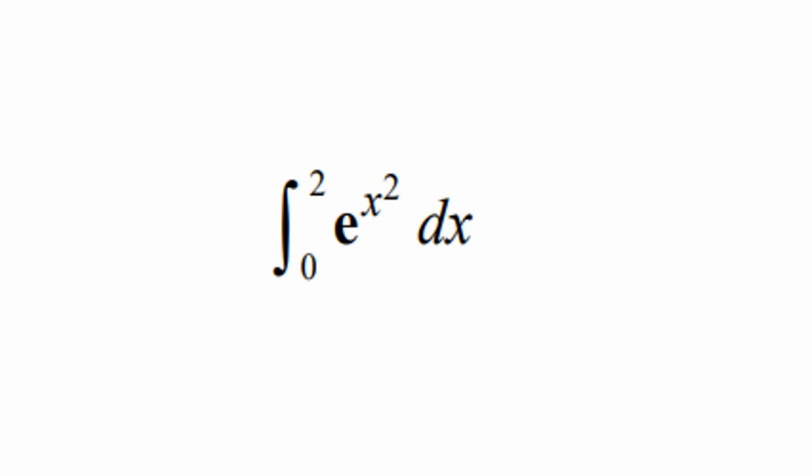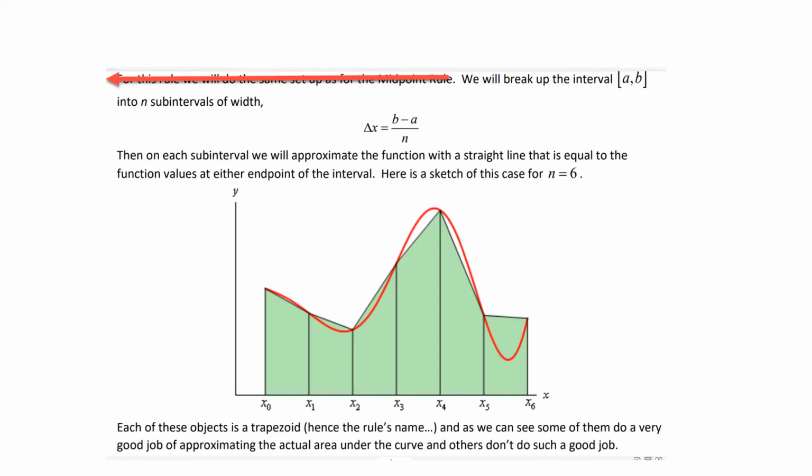First, we're going to talk about the trapezoidal rule. We break up the interval of integration, a to b, into n subintervals of equal width. That means delta x is equal to b minus a over n. Then on each subinterval, we approximate the function with a straight line that is equal to the function values at either endpoint of the interval.